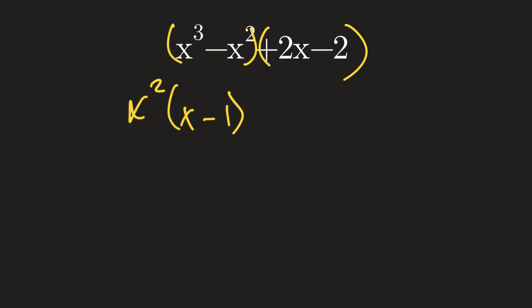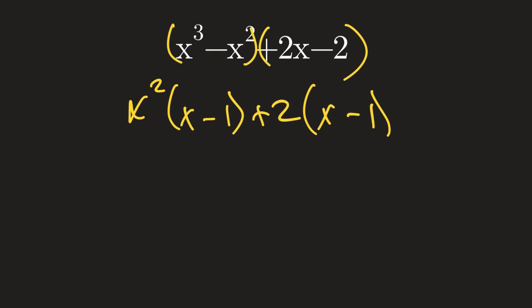What's the GCF in the second set of parentheses? 2. Positive 2. Is there an x common? Nope. Good. Open parentheses. X minus 1. Which we should already be anticipating. Guys, once you get your first set of parentheses, that's what we should be looking to get in the second one.